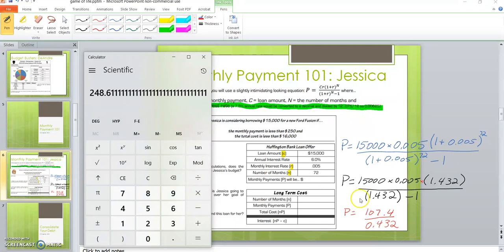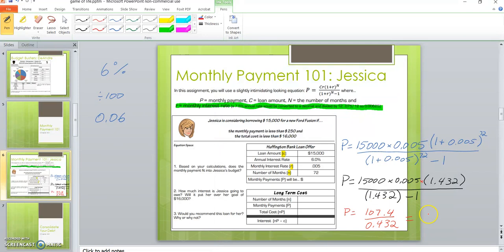So 248.61. Keep in mind that P, which is my monthly payment, is $248.61. I'm going to fill that in right here. Now I'm going to figure out the rest of it. For the number of months, N, I look up here and my N is 72.